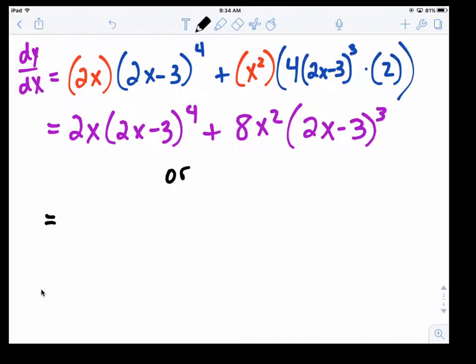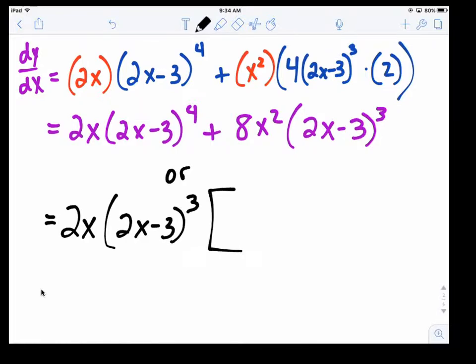So what can I factor out now? I can factor out a 2x, and what else? 2x to the 3rd, good. Okay, so I'm going to multiply that now with 2x minus 3 to the 1st plus 8x squared. If I divide that by 2x, that's going to give me 4x.